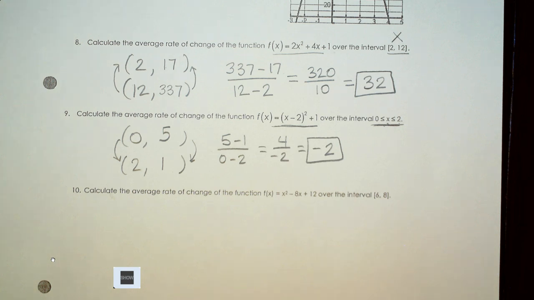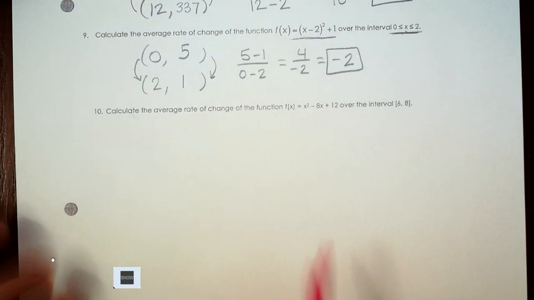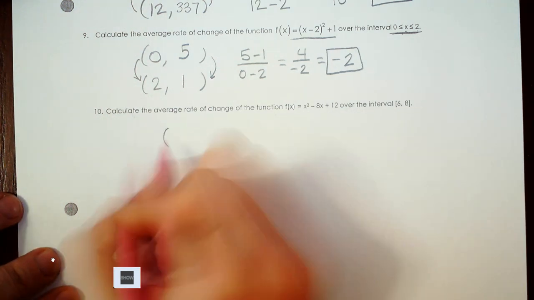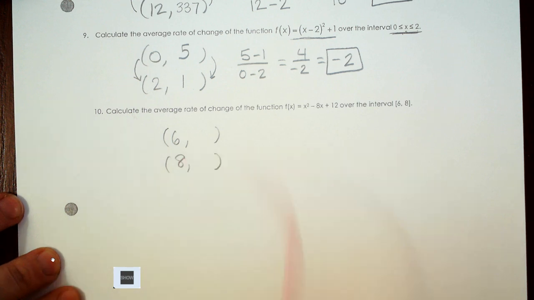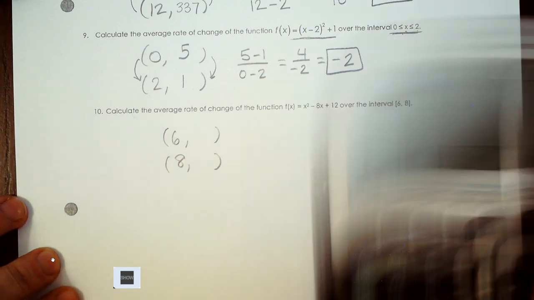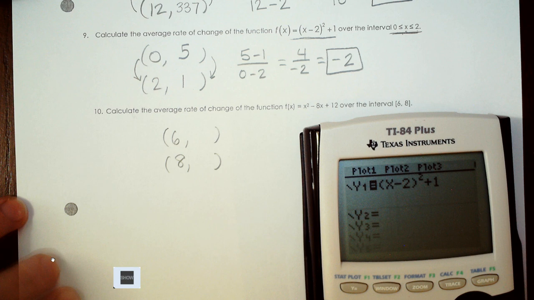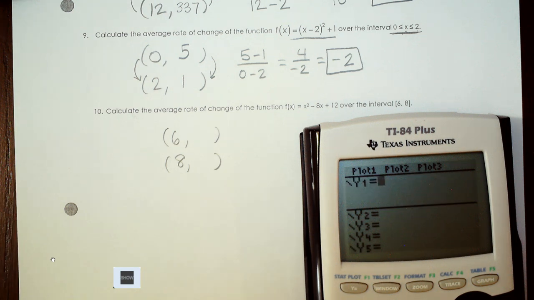All right, let's do one more just to be sure. All right, our points are going to be 6 comma something and 8 comma something. Plug this equation in. Go to y equals x squared minus 8x plus 12. Go to the table.